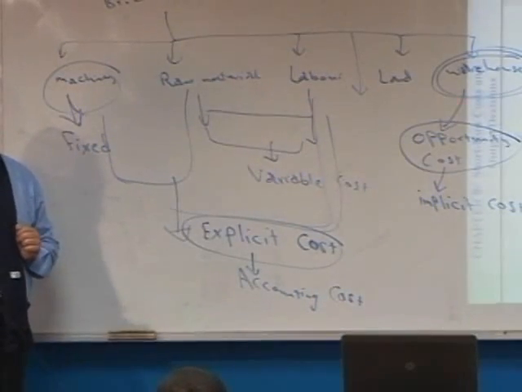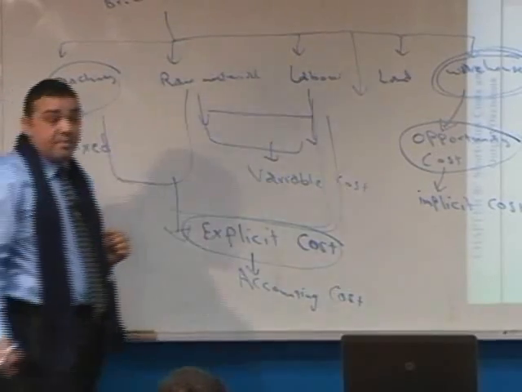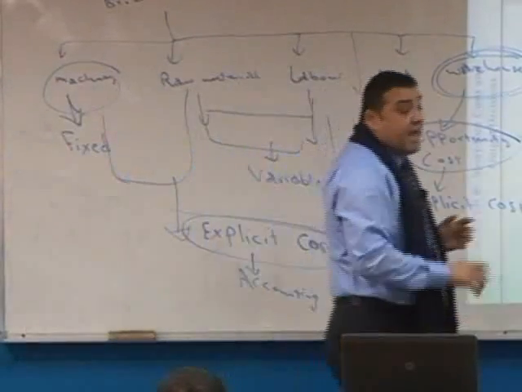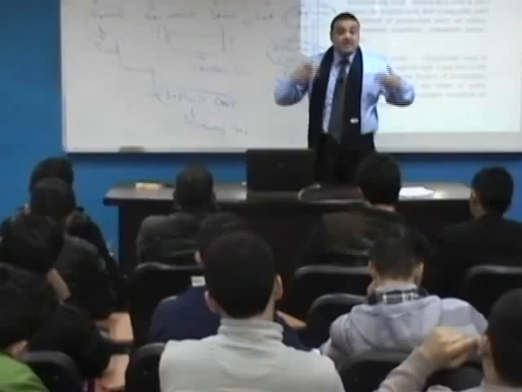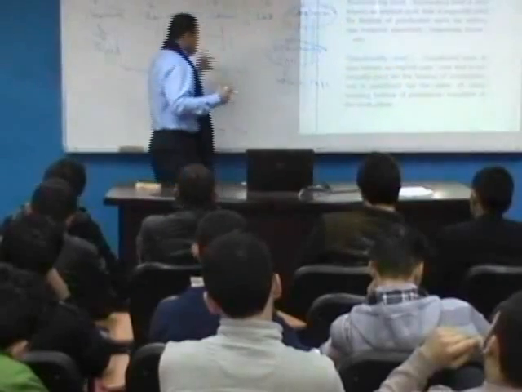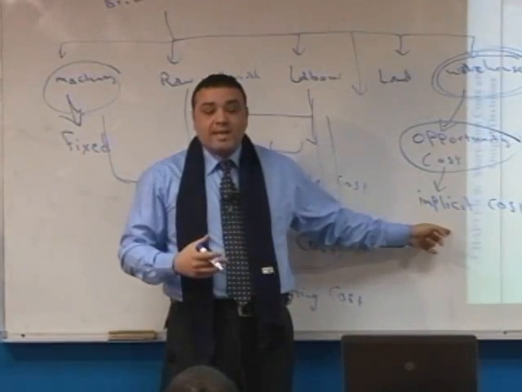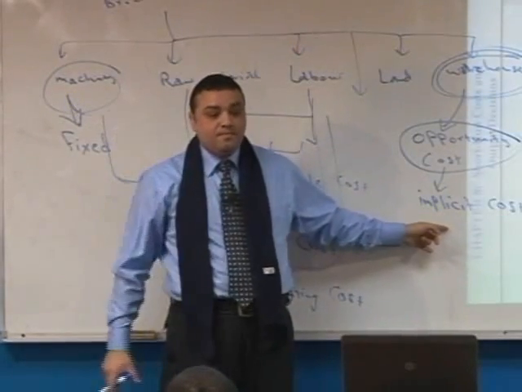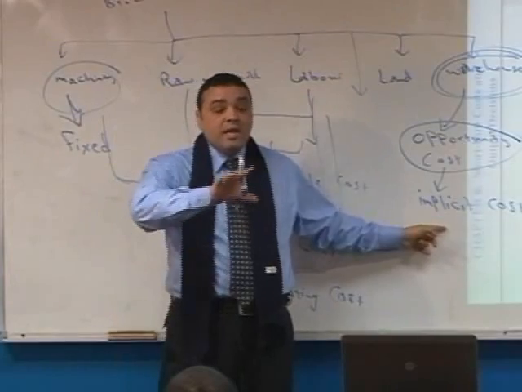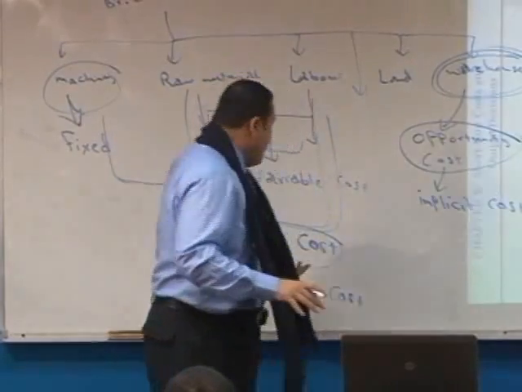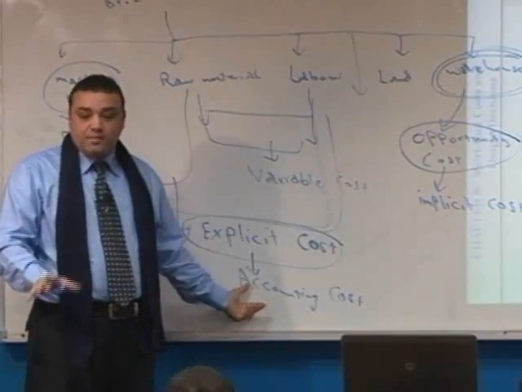Accounting cost. In economics, the economists consider the explicit and the implicit cost, but the accountants do not. They consider only the explicit cost, right?